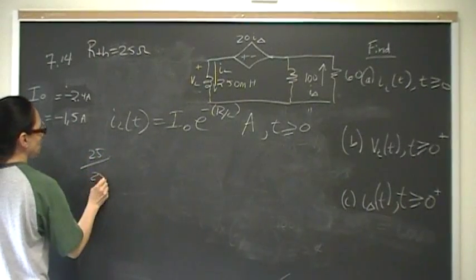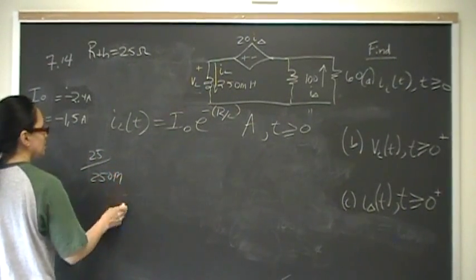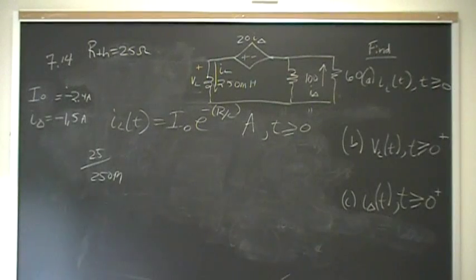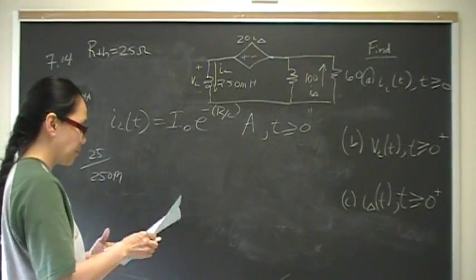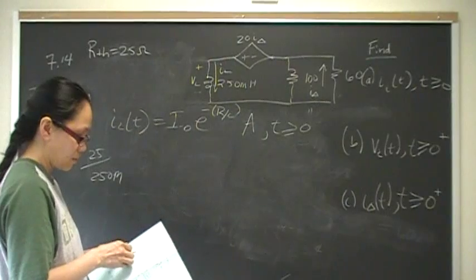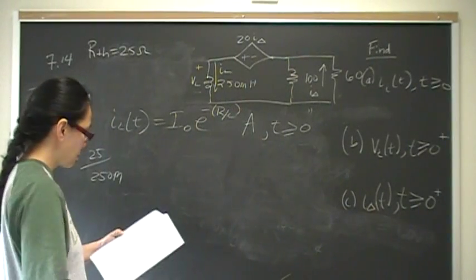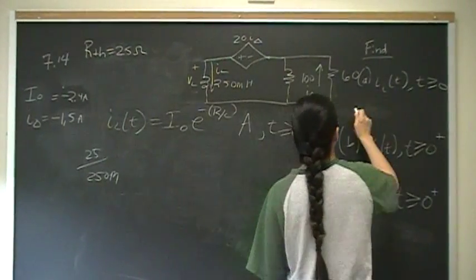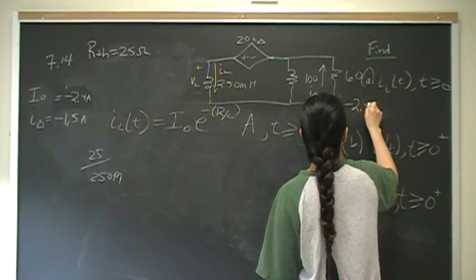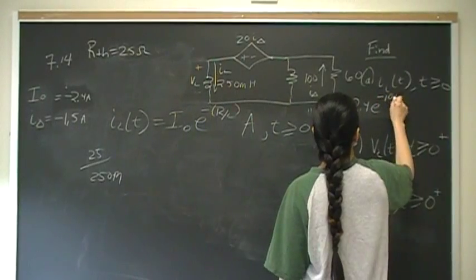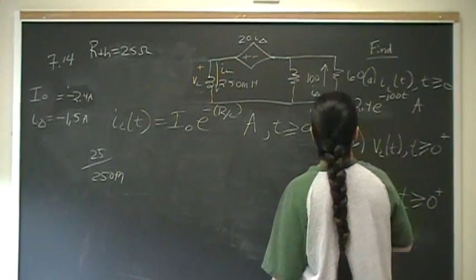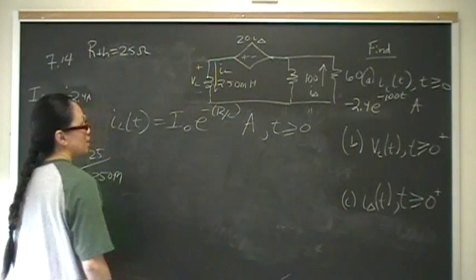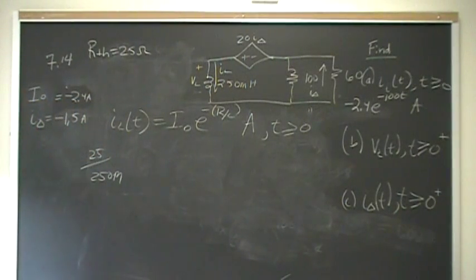R is 25, L is 250 millihenries, so R over L is going to be 100, I believe. So the answer for part A is negative 2.4 e to the minus 100 t amps. That's the general equation for current through the inductor after the switching happens.